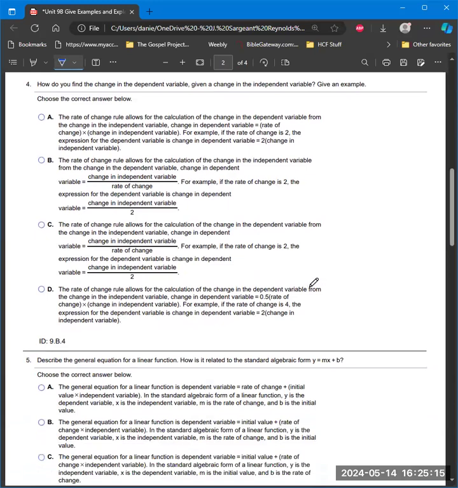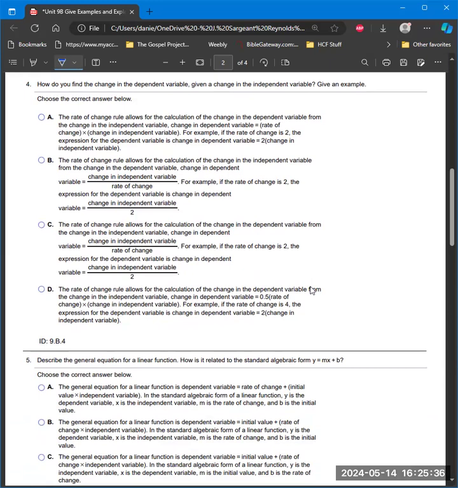How do you find the change in the dependent variable given the change in the independent variable, and give an example? The rate of change rule allows for the calculation of the change in the dependent variable from the change in the independent variable.